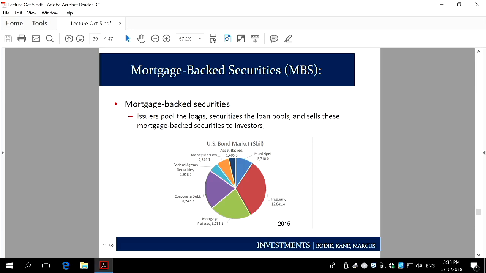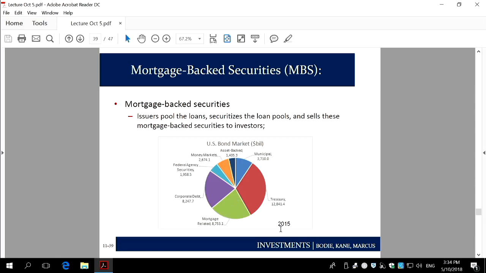Then this market collapsed a lot, right? But still, this market is still significant. I'm not saying that mortgage-backed securities totally disappeared. It's like a burst of a bubble, but they are still there.